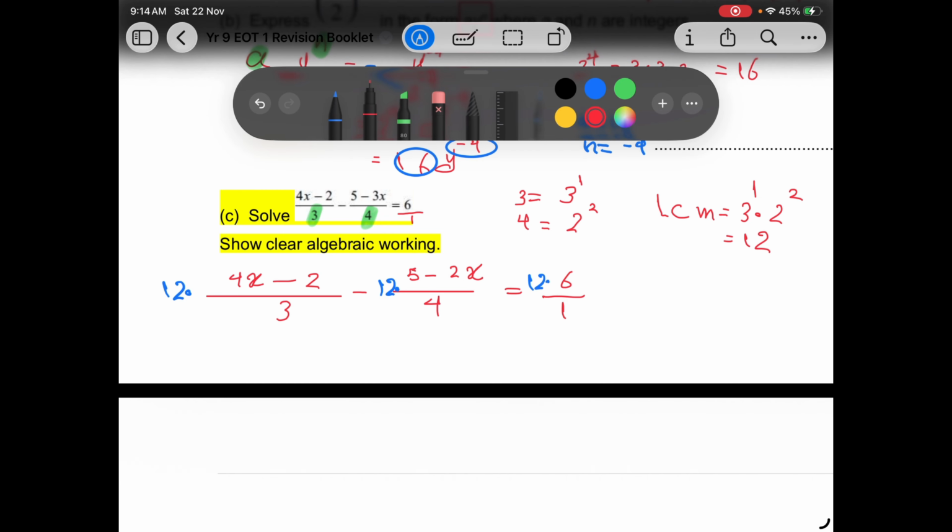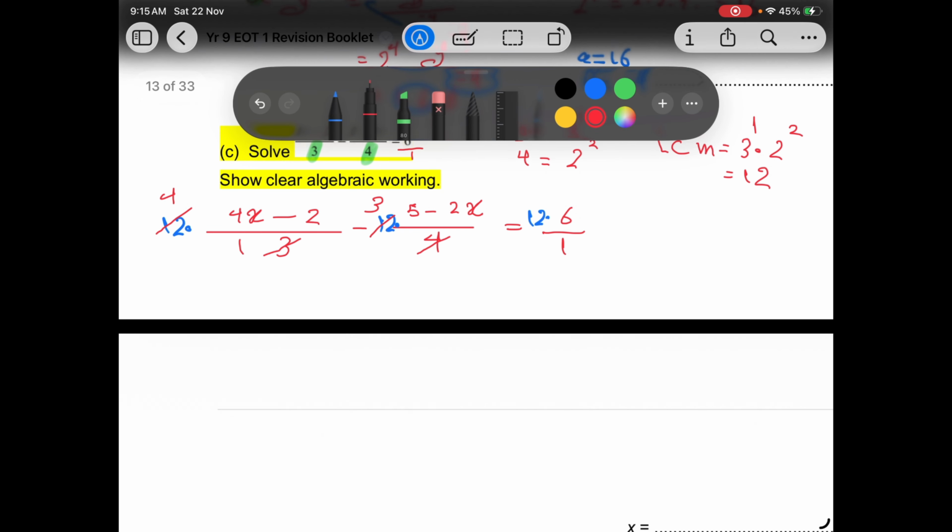Look at this. If you multiply by this, you can simply cancel out this with this. So this will be 1, and this will be what? 12 over 3 is 4, right? And this will be 1, and this will be 3, and this will be 72.